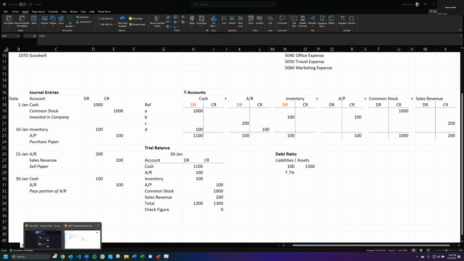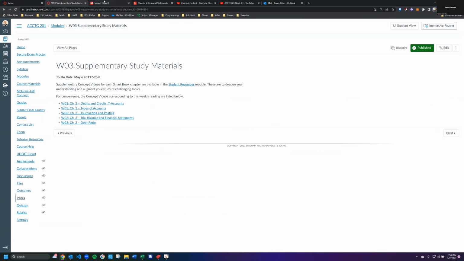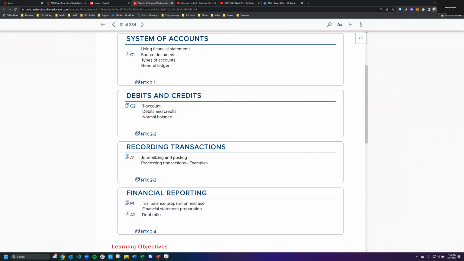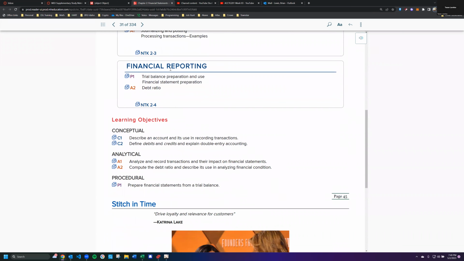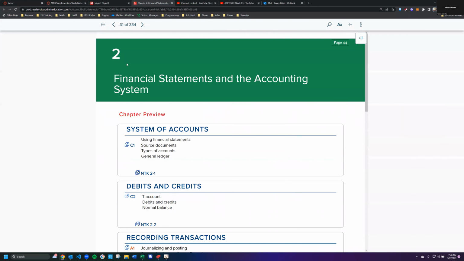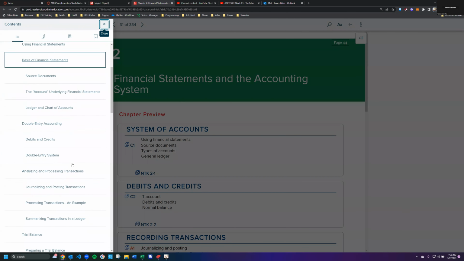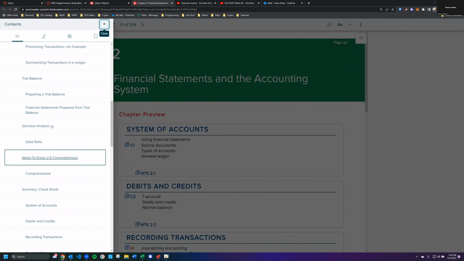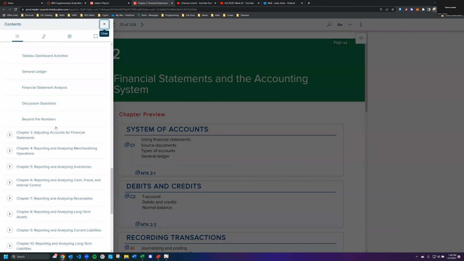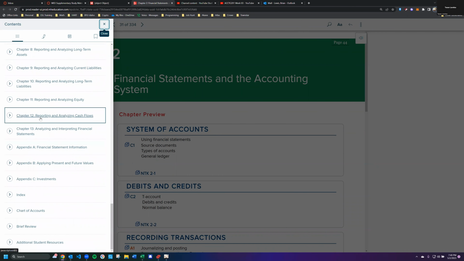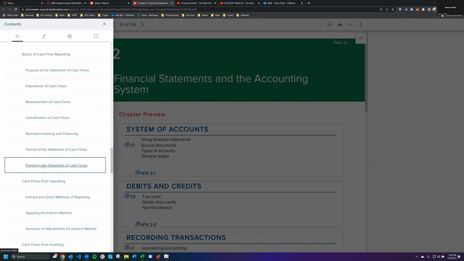If I go back here, let's see, let's go to a cash flow statement. Does it give you a summary here? Statements from trial balance. They don't do the cash flow statement here.